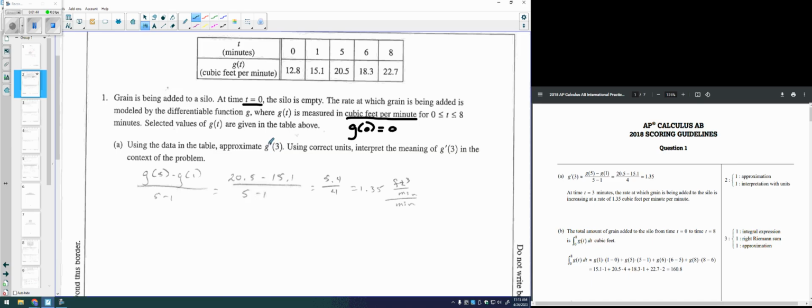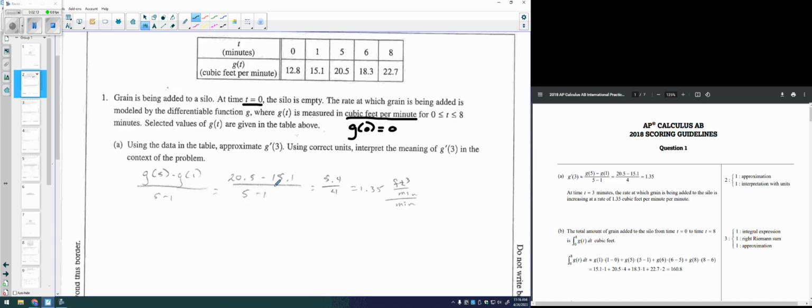If I want to find G prime of 3, I have to bracket that x coordinate of 3, so I look for values to the left and the right of the 3. 1 and 5 will bracket 3. So I just do the slope of a secant line, or the average rate of change: G of 5 minus G of 1 over 5 minus 1, Y2 minus Y1 over X2 minus X1.